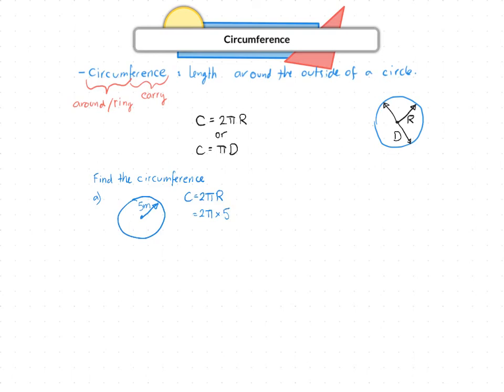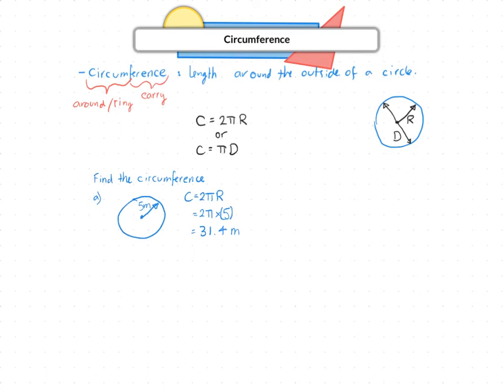I tend to like putting these in brackets whenever I substitute, but brackets or no doesn't actually matter too much. So 2 pi times 5, and that is something that will stick on a calculator. And our calculator tells us that is 31.4 meters.